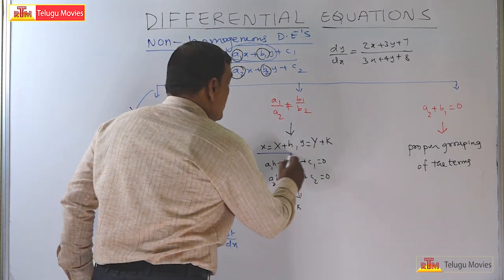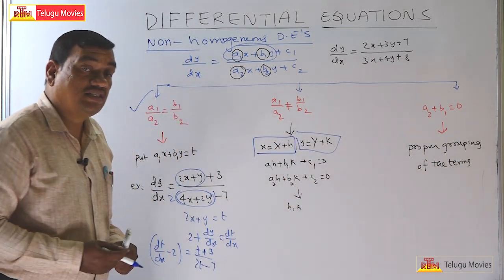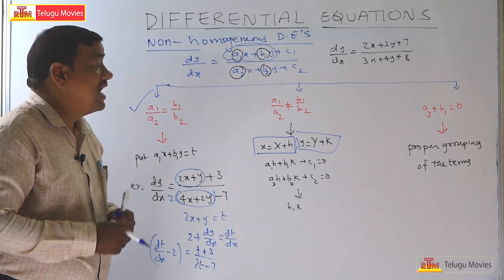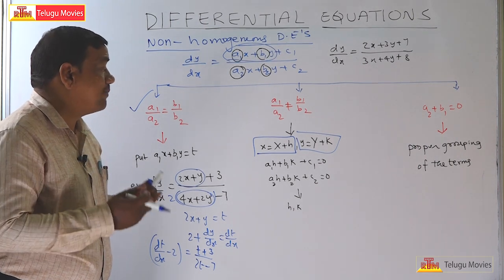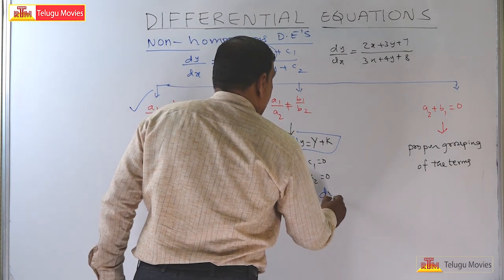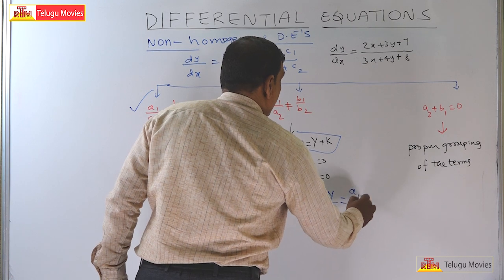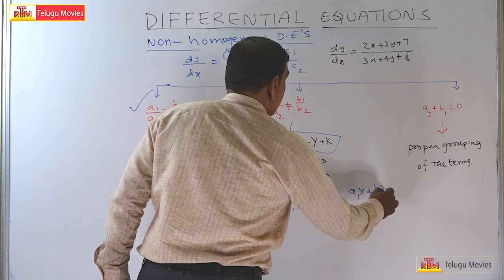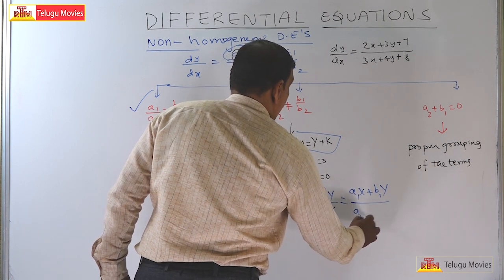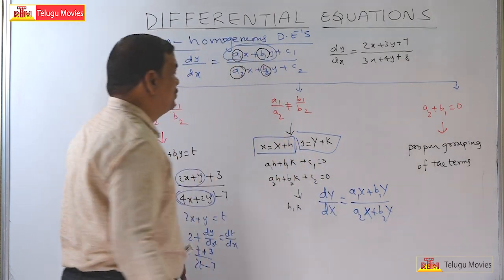So by proper substitution, wherever small x is there, put capital X plus h, and wherever small y is there, put capital Y plus k. Then after differentiation you will get dY by dX is equal to (a1 X plus b1 Y) by (a2 X plus b2 Y), and c1, c2 will go.